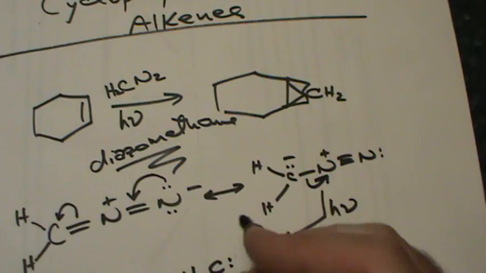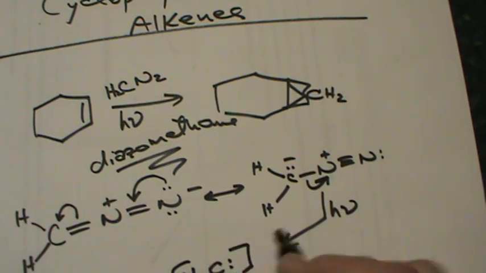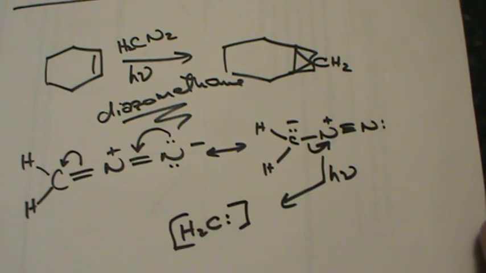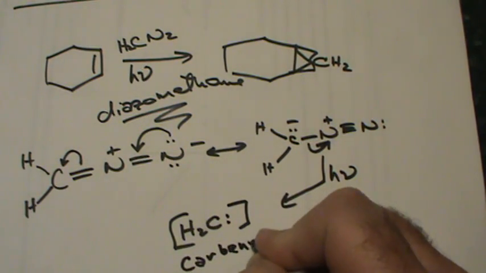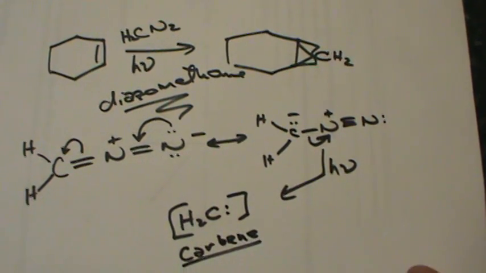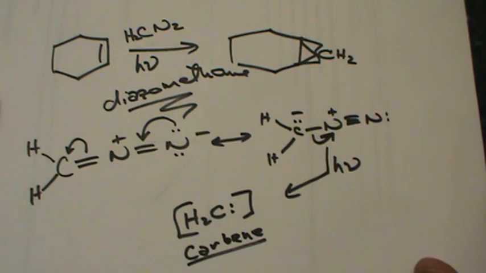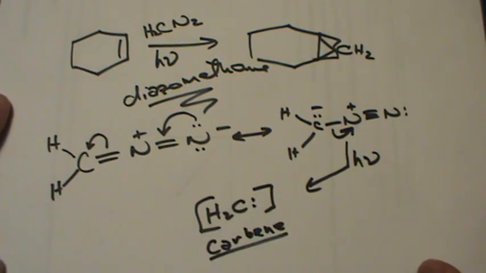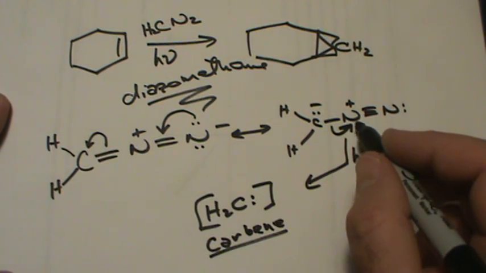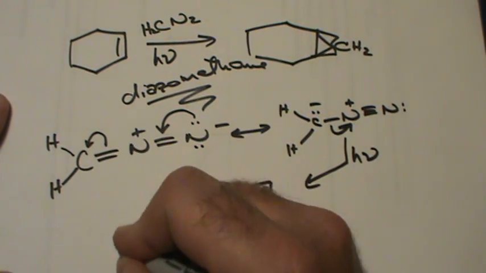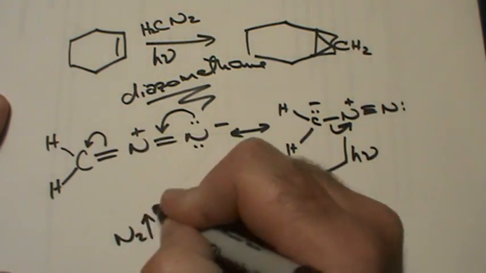It's a very interesting species. We don't see carbons with lone pairs very often. These neutral species are called carbenes, and this carbene is certainly a big part of this story. But another part of the story is the other molecule that forms, and it is nitrogen, as in nitrogen gas.